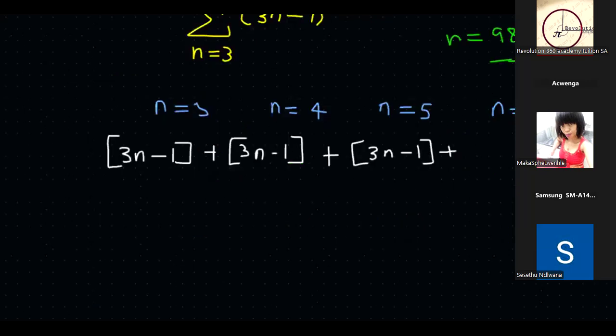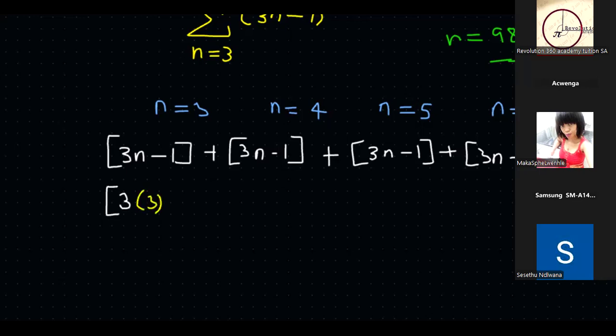So this one, we're going to substitute. The first one, we substitute n equals 3. Where there is n, we substitute by 3. I'm going to write the substituted value with a different color. Here it will be 3, and then you continue, minus 1.